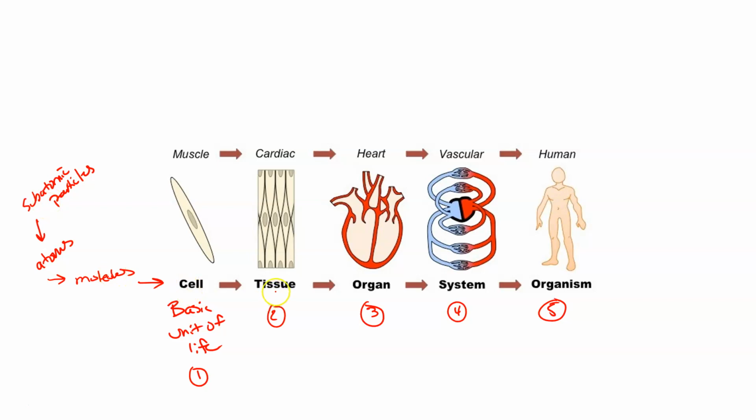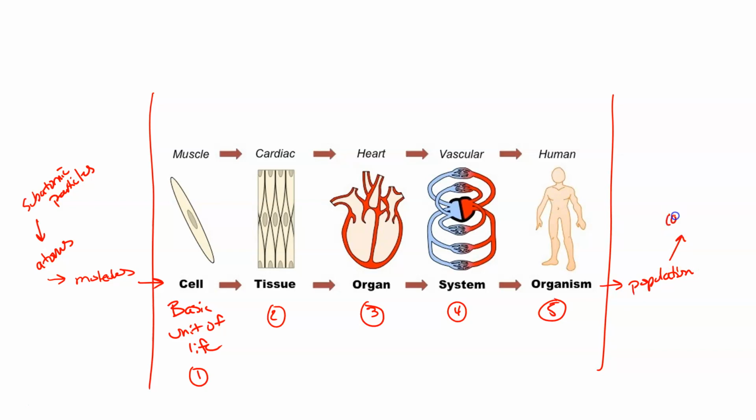Cells make tissues. Tissues make organs. Organs make organ systems. Organ systems make organisms. Organisms, if we expand it out this way, because this is just a very broad spectrum of the entire hierarchy of organization, come together to make a population of those specific organisms. Populations come together to make communities.